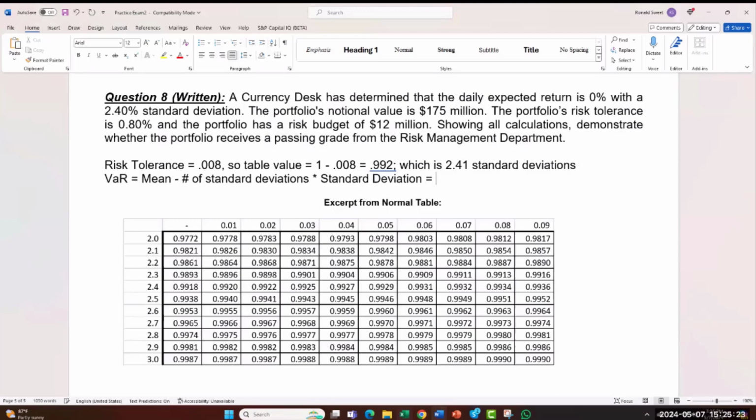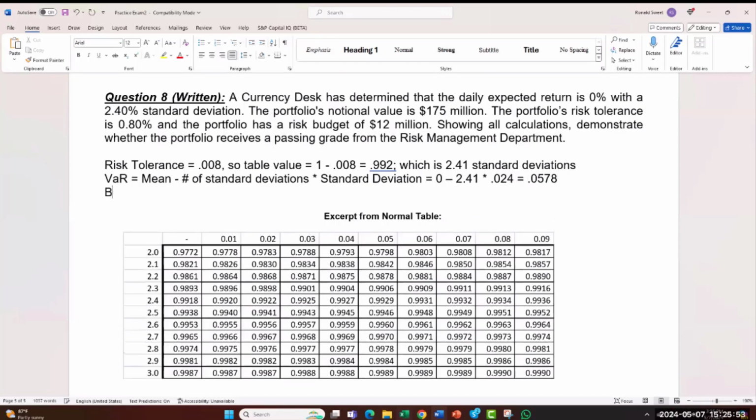So that equals, what's our mean? Expected, remember mean is the same as expected return, so our mean is 0 minus 2.41 times our standard deviation of 2.4%, 0.024. And so when you do that, you should get a VAR of 0.0578.